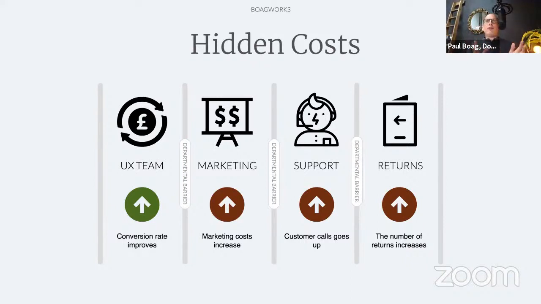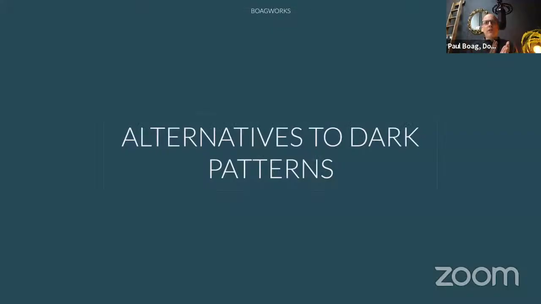But it's not enough just to say to people, you shouldn't use dark patterns, right? We also need to give them a viable alternative. If we don't give them a viable alternative, then they're just stuck. So what are the alternatives to dark patterns? What can you do instead? Well, that's what the vast majority of my book is about, outlining the different things that you can do.